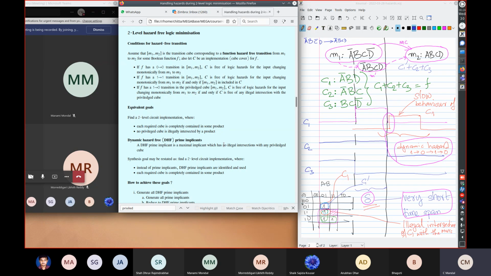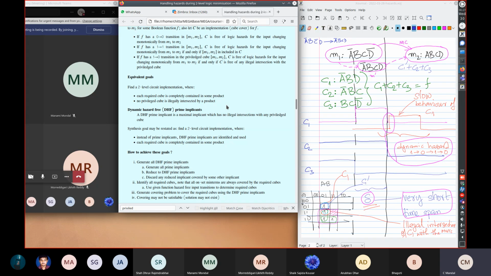So that's a requirement for 1, 1 transition. And if you have a 1, 0 transition, as we have seen, the privileged cube should be free of illegal intersections. All right. So let us see how we can go over.